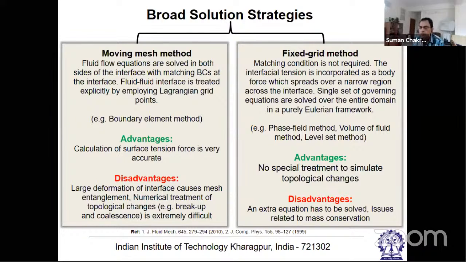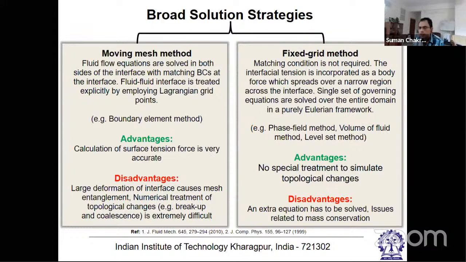You track the grid points, and by tracking the grid points, you can explicitly track where the interface is moving with time. This is essentially what we call Lagrangian tracking. If this could be done, it is very ideal because the exact topology of the interface can be tracked.